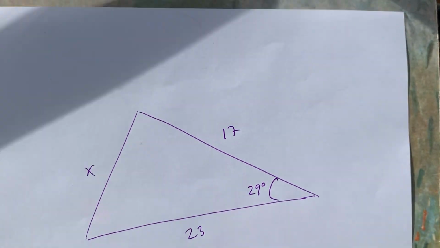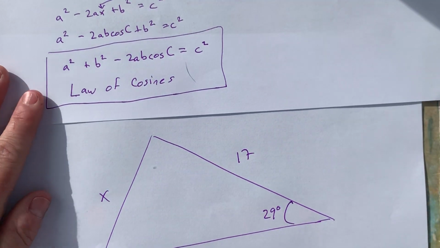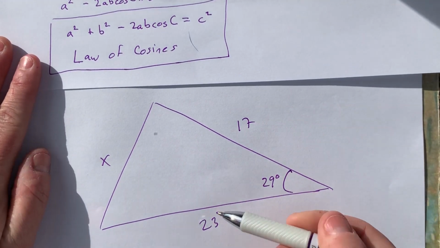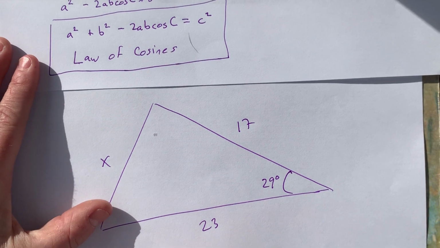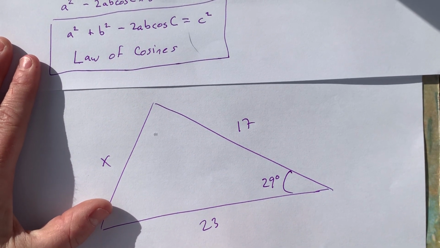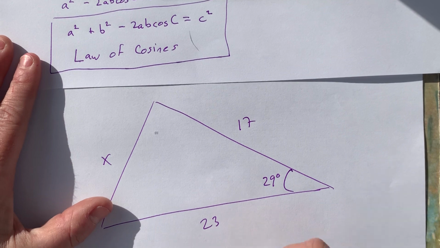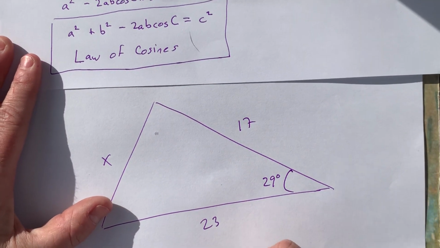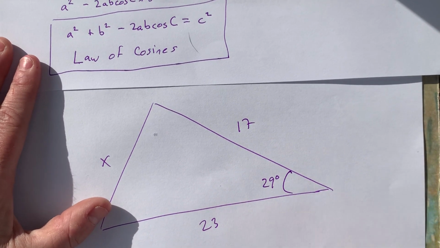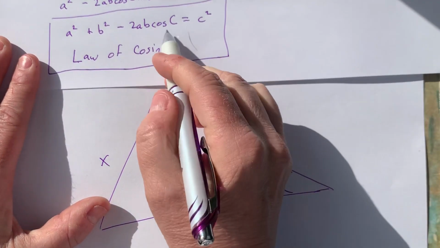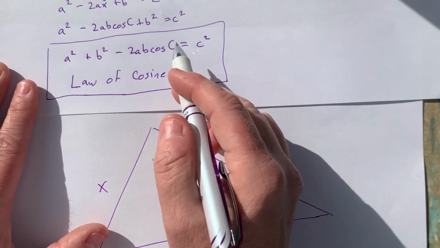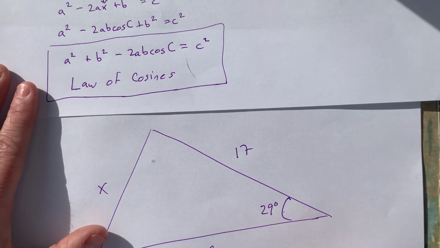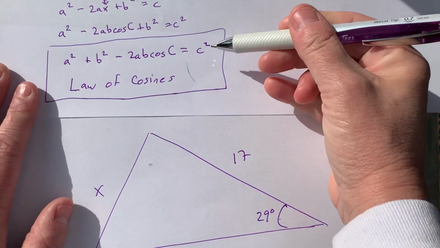So how am I going to use my law of cosines? Well, let's keep in mind, the a and the b are two sides. So I'm going to start out by 17 squared plus 23 squared minus 2 times a times b. So 2 times 17 times 23 times the cosine of that angle that's contained, times cosine 29 degrees is equal to that c squared.